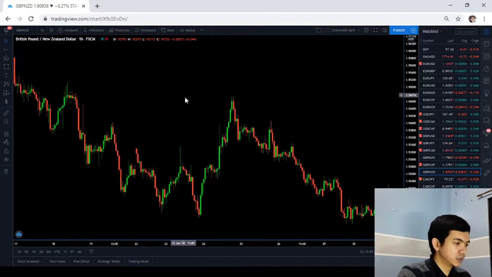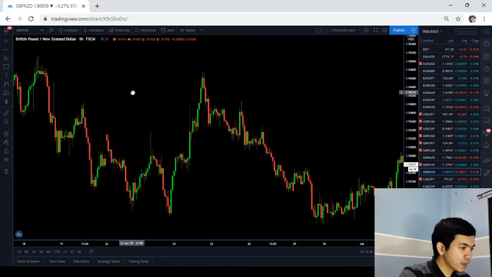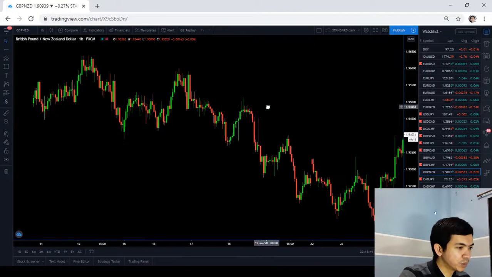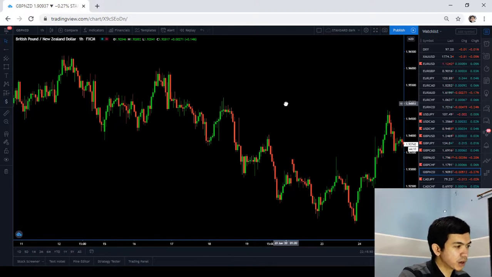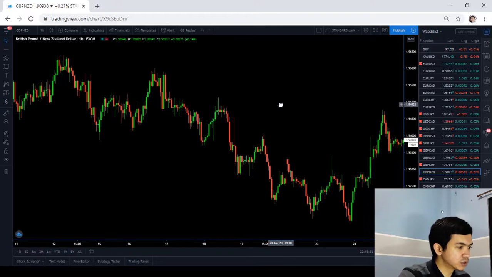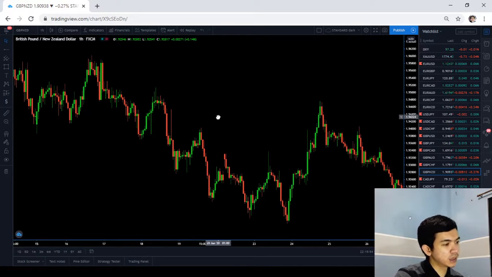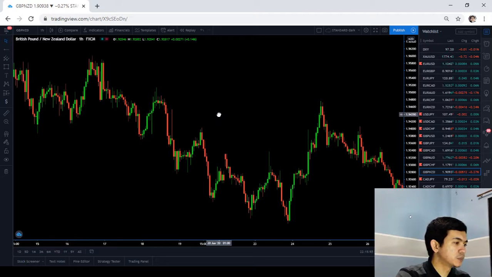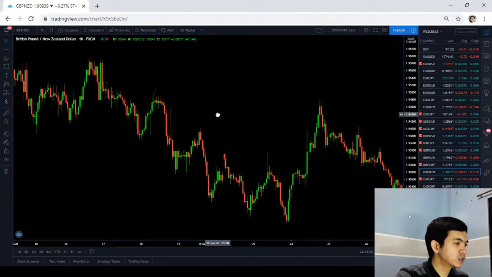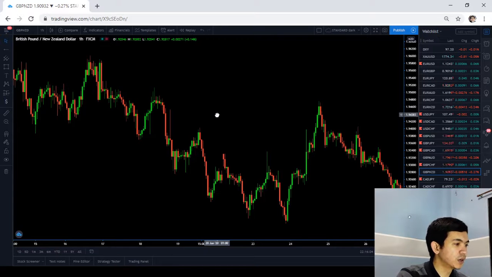Okay? So, ngayon, first step, when you want to find an opportunity, definitely, we should mark our key level or zones. So, sabi ng ating member na nag-request, using just what? Horizontal support and resistance levels. Okay?